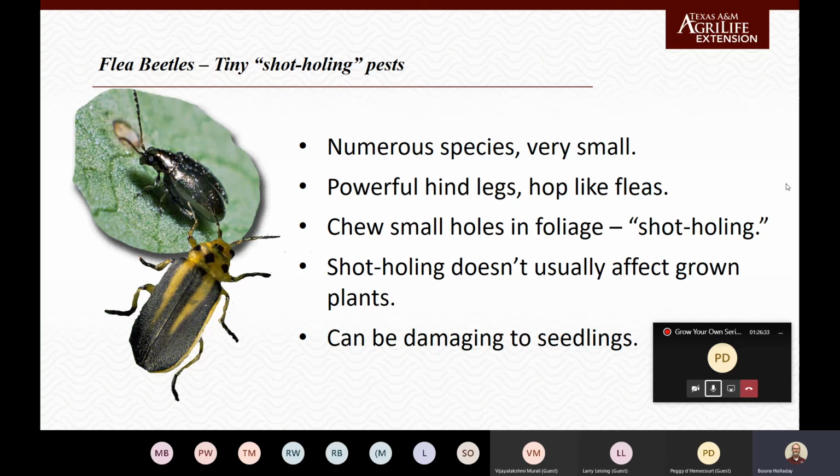So we want to keep an eye on these early on and try to treat them as necessary. For these, the products with the active ingredient of spinosad, which is an organic product, would be useful if we see either the adult phase of the flea beetles or the larvae feeding on the leaves early on.